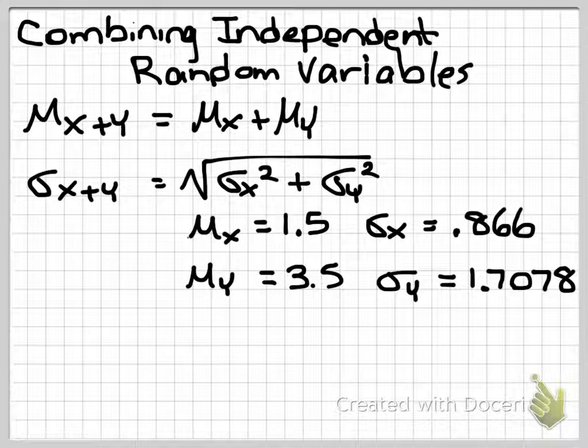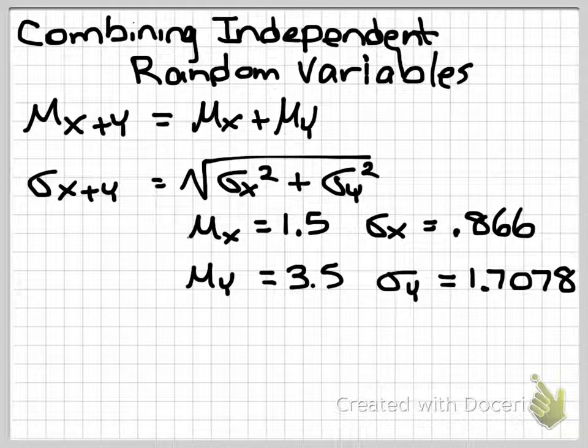Sometimes we combine random variables too. As long as they're independent, we can find the mean, the standard deviation, and the variance. If they are not independent, we can find the mean by combining them, but we cannot find the standard deviation. So let's consider what would happen if they're independent. If you want to add 2 random variables together to make one larger random variable, and you already know the means of each individual random variable, you can simply combine them.